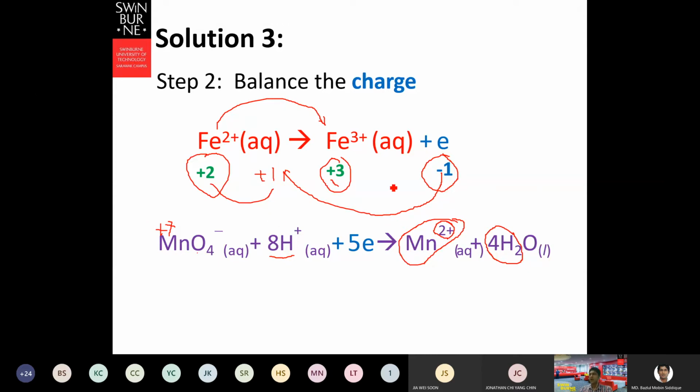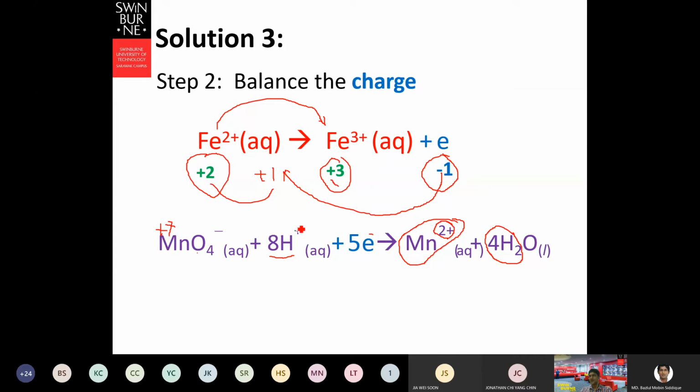But the problem is only the balance of the charge, right? Because this manganese took 5 electrons, and then I added these 5 electrons on this side.